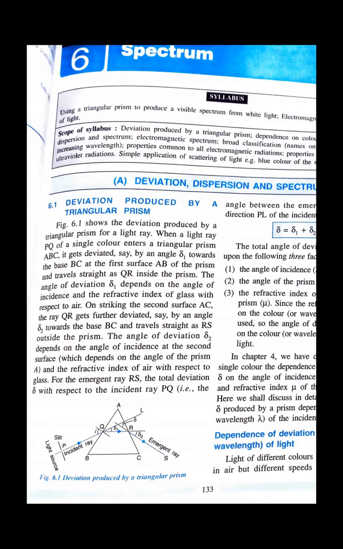You must have also seen rainbow, the 7 colors of rainbow. That is due to total internal reflection. Every drop of water acts as a prism and then there is internal reflection beyond critical angle, and that is where you see the 7 colors getting segregated. All those things we'll study in this chapter.